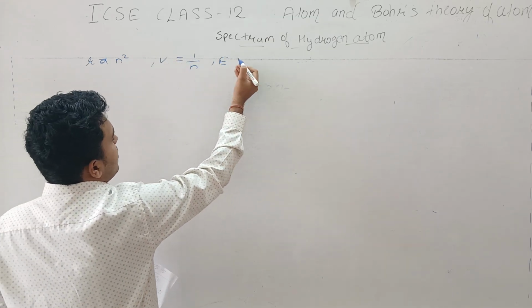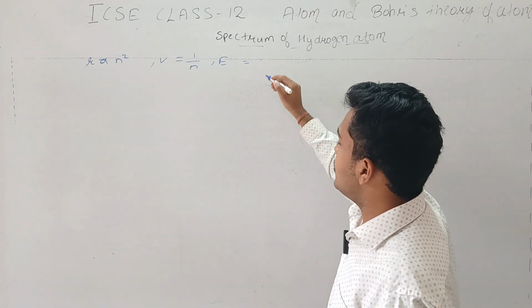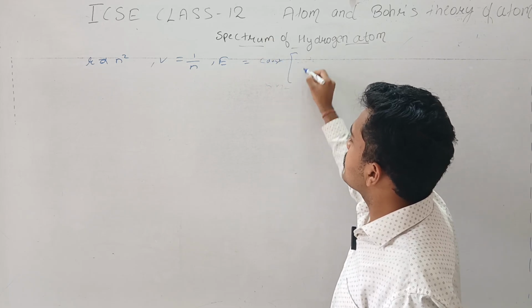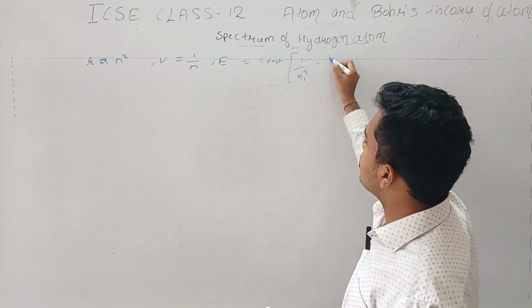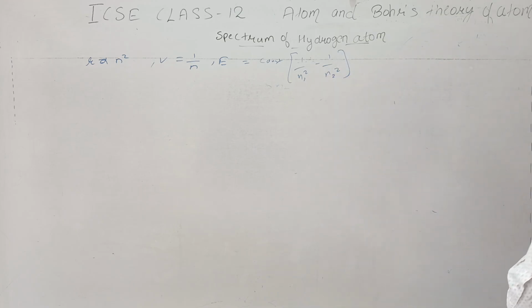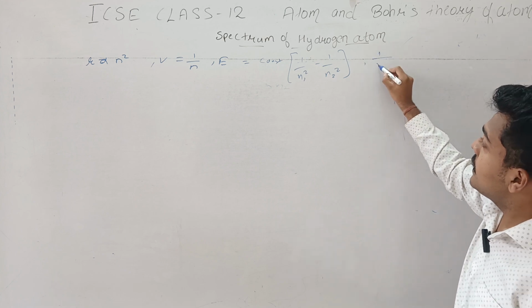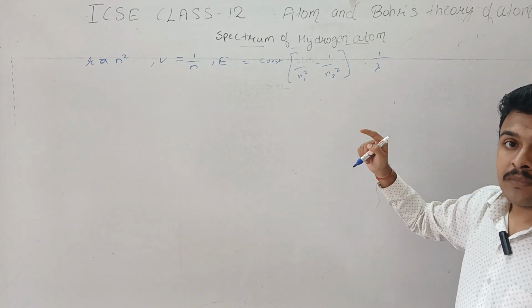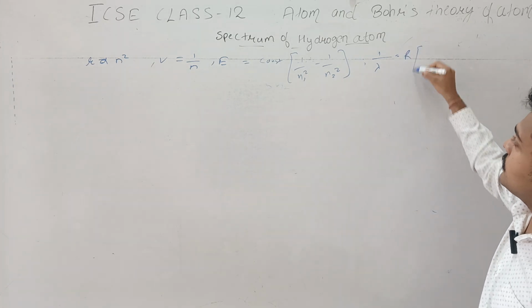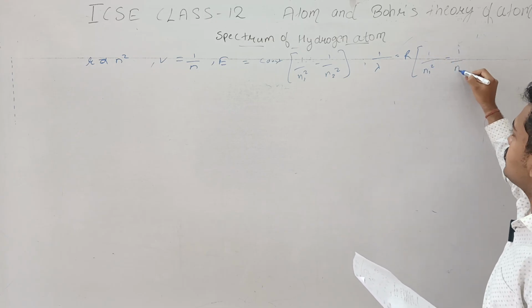We have found energy is some constant times 1 by n1 squared minus 1 by n2 squared, and we also have the most important relation, for the wavelength: which color of light will be emitted from the transition, that wavelength we get from this relation. 1 by lambda is equal to Rydberg constant R times 1 by n1 squared minus 1 by n2 squared.